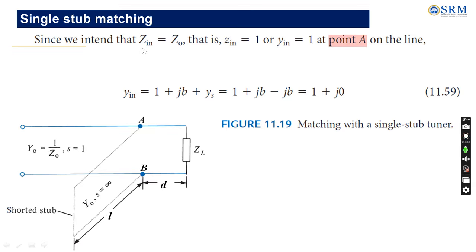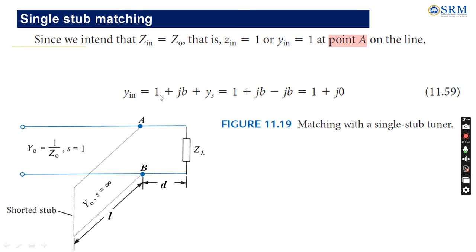Our aim is to make the input impedance equal to the characteristic impedance of the line. So the normalized input impedance should be equal to 1, or the input admittance should be equal to 1, right? In the Smith chart, we are always speaking about normalized impedance and admittance, right? So the normalized input admittance Yin is equal to 1.